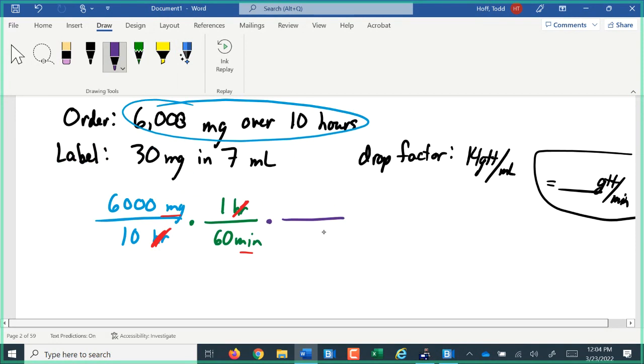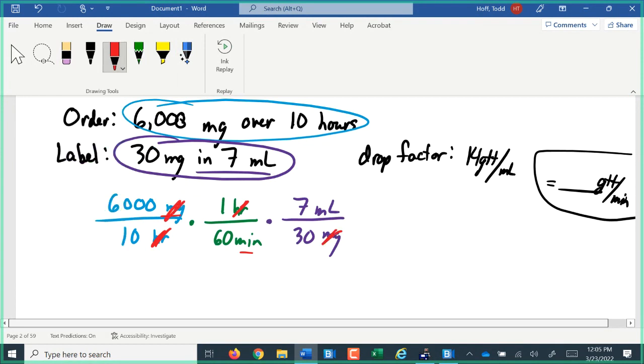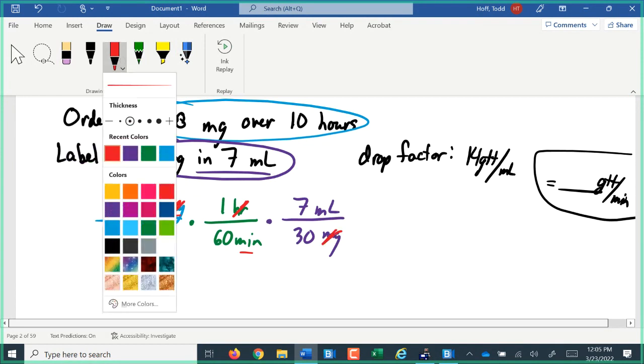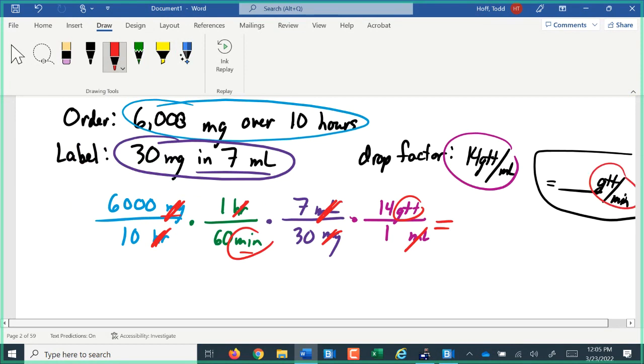Milligrams are on top, so to get rid of them, we'll put them on bottom. 30 milligrams, 7 milliliters. And finally, get rid of milliliters, drop factor. 14 drops per milliliter means that 1 milliliter is 14 drops. Milliliters cancel out, and we now have drops per minute, which is what we want.